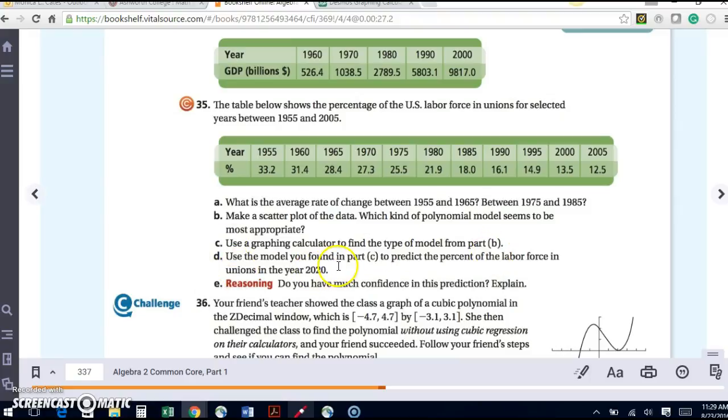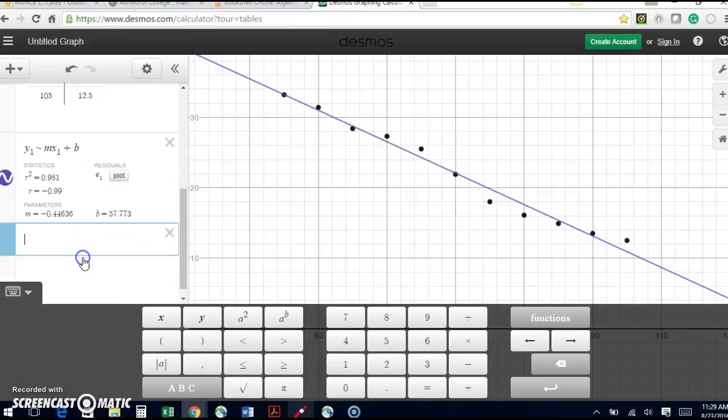Use the model from part C to predict the percent of labor force in the unions in year 2020. Okay, so let's do that. Let's say f of x equals, my m is negative 0.44636 x plus 57.773.